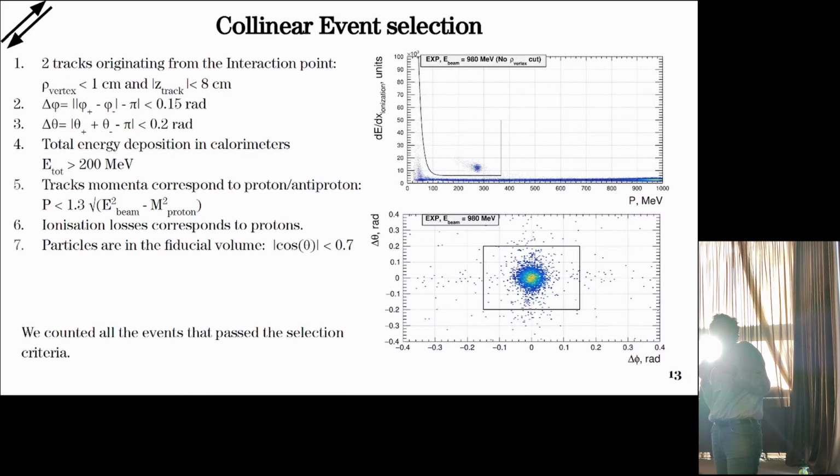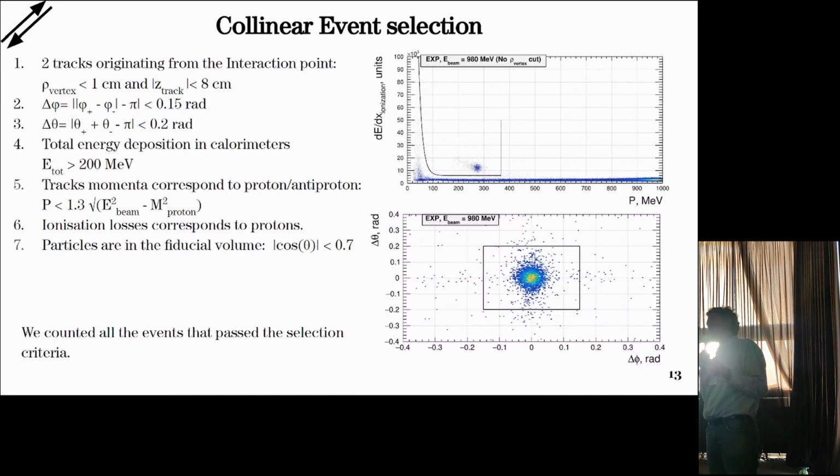We expect the track momentum to correspond to proton-antiproton. This is this cut line, as you can see. And we expect big ionization losses because particles are charged and slow. So with this cut, we separate protons and antiprotons from minimum ionization particles like electrons, pions, and so on.